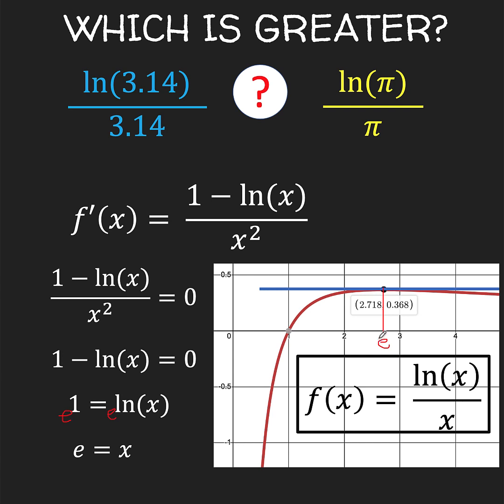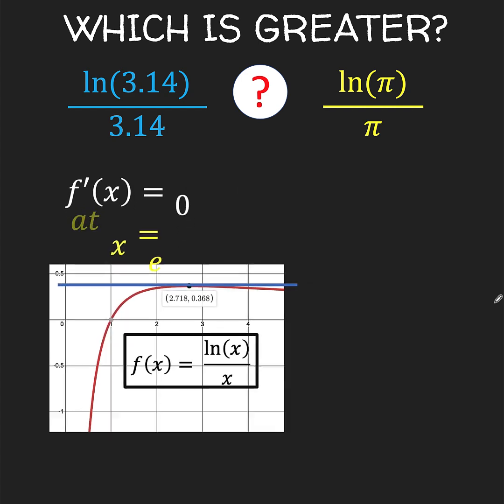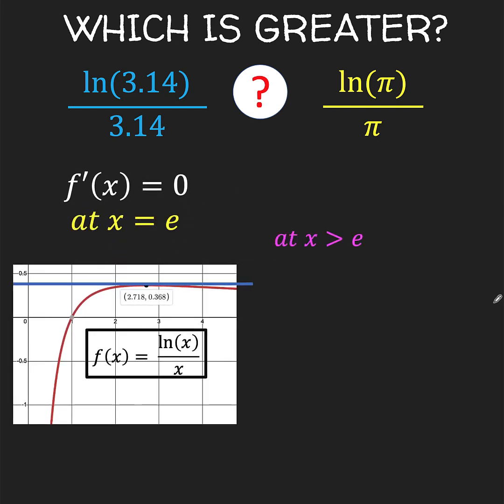So for any x value less than e, this function is increasing. For any value of x greater than e, the function is decreasing. So let's take note of that observation. So we now say that at x greater than e, f of x is decreasing. Now, our x values here that we are interested in are x equals 3.14 and x equals pi.